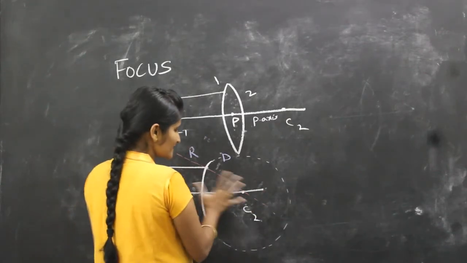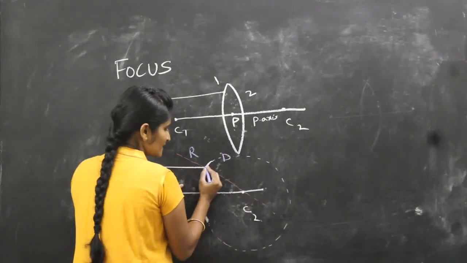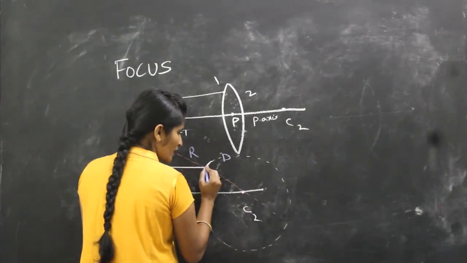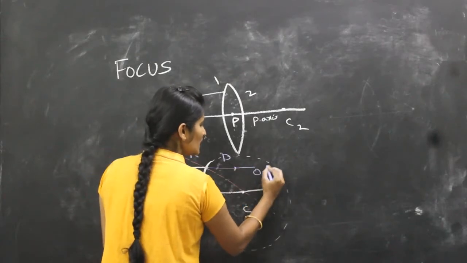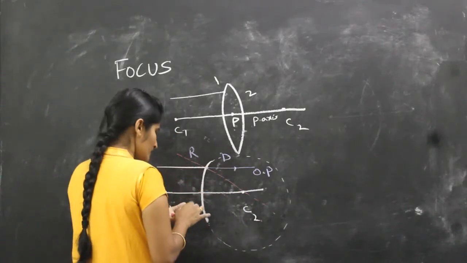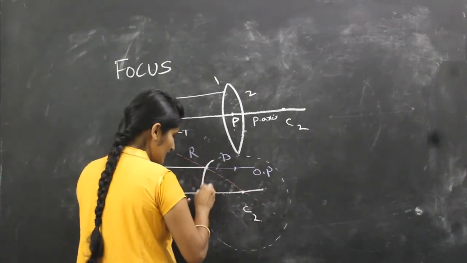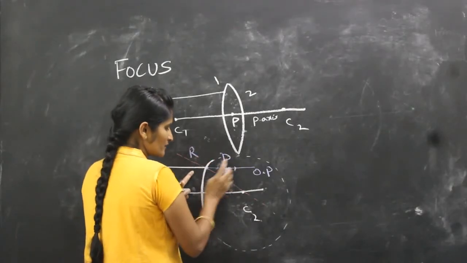So if you consider this as a plane medium, what happens? This light ray which is incident at this point will travel in the straight. So that means this is the original path. That means without any deviation it will travel. Okay. But here I am considering it as a lens. So when a ray is traveling from rarer medium to denser medium, what happens?